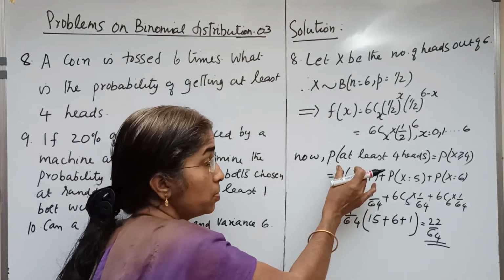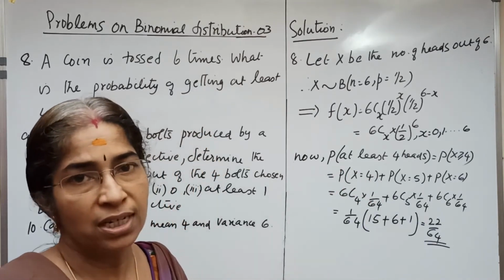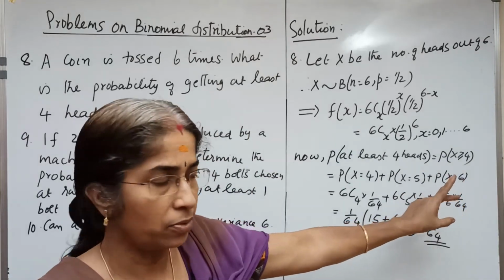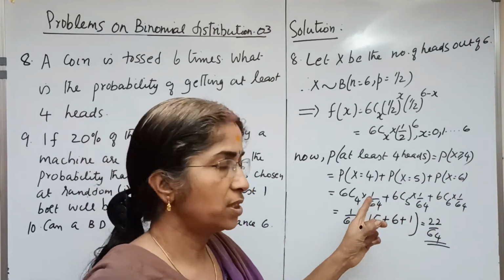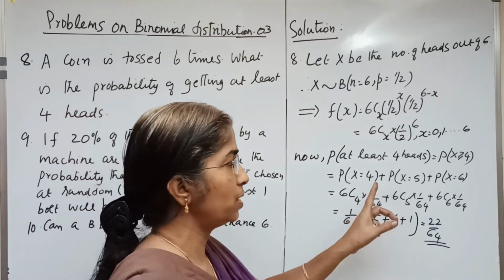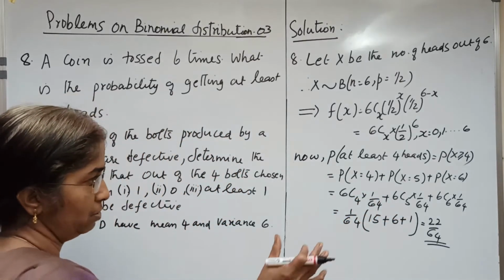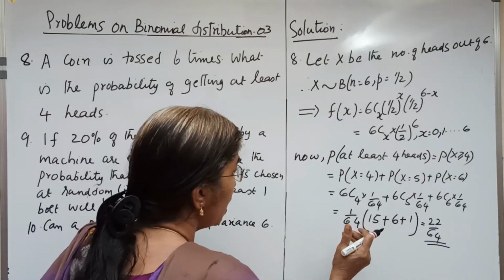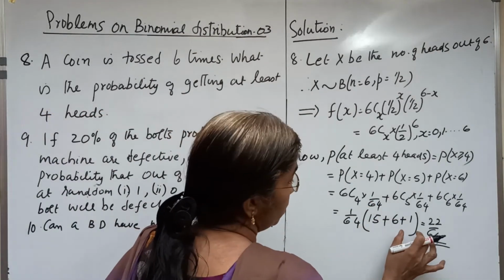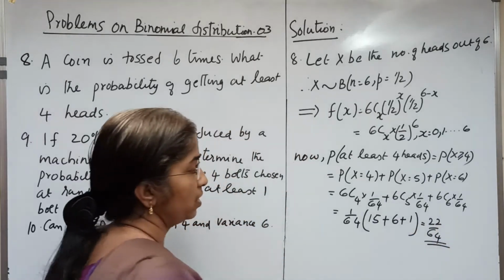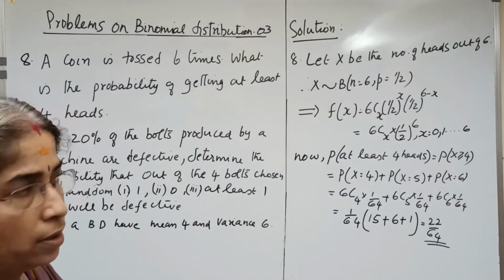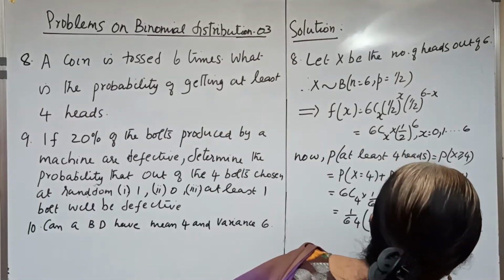Now it is required at least 4 heads, so in terms of x it is the probability x greater than or equal to 4, which means the probability x equal to 4 plus the probability x equal to 5 plus the probability x equal to 6. And on simplification we get the probability as 22 by 64. Okay. Now we consider the next one.